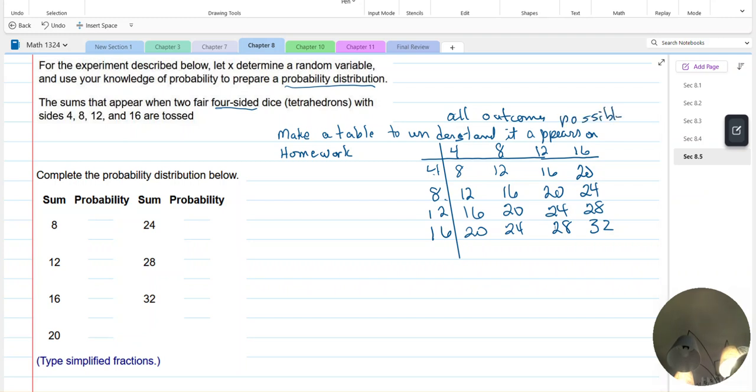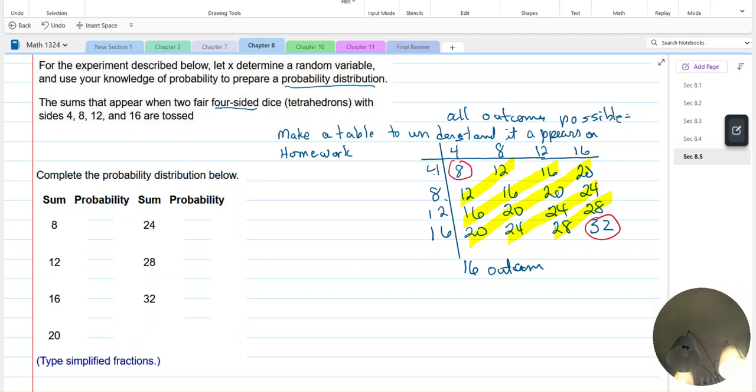And we notice we have how many? 4 times 4 is 16. All right. Well, we notice some things. We notice we have 2 12s, 3 16s, 4 20s, 3 24s, 2 28s, and we have singulars in 8 and 32. All right. We're going to need that information so that we can construct this probability table.